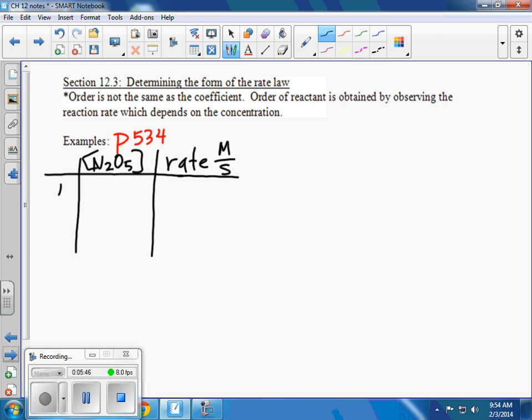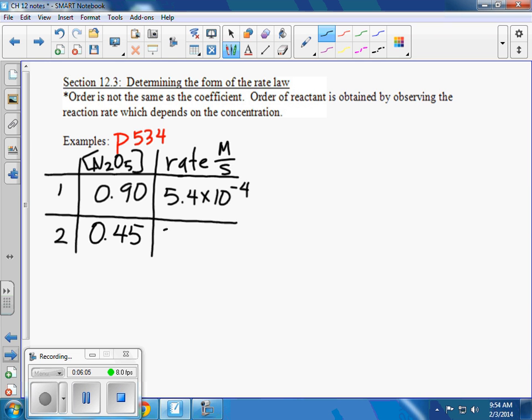So capital M, molarity per second. They did 2 experiments, and in the first experiment, the concentration of this was 0.9. The concentration of this was 0.5, so you can see they reduced it by half. And then they measured the rate, which you can see it's the same numbers that were on the graph that you just saw.